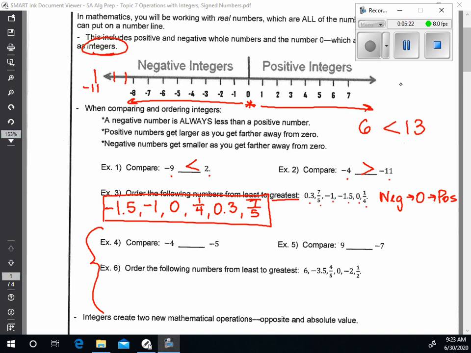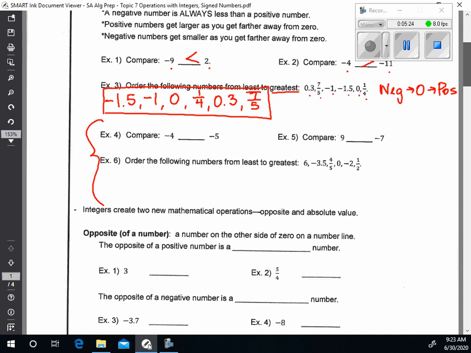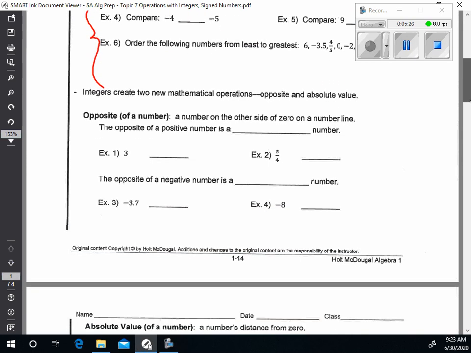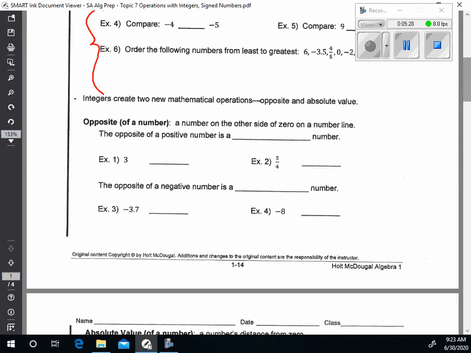Moving on. Integers create two new mathematical operations, opposite and absolute value. The opposite of a number is the number on the other side of 0 on a number line. So case in point, the opposite of a positive number would be a negative number.